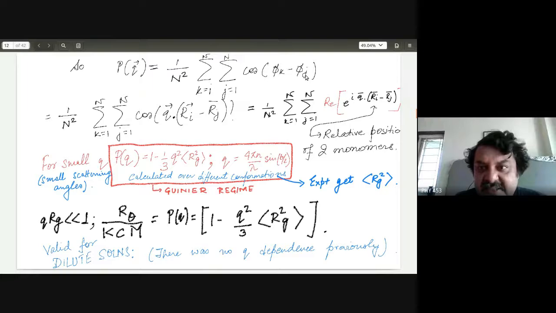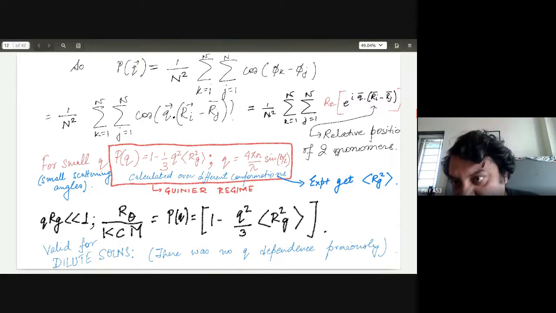And this in turn, phi k can be written as q dot rk, and phi j can be written as q dot rj, summation as usual, which is of course equal to 1 by n square. So this is cos. It can also be written as real part of e to the power i q dot (rk minus rj), which is the relative position between two monomers, right? So this is the form of P(q).